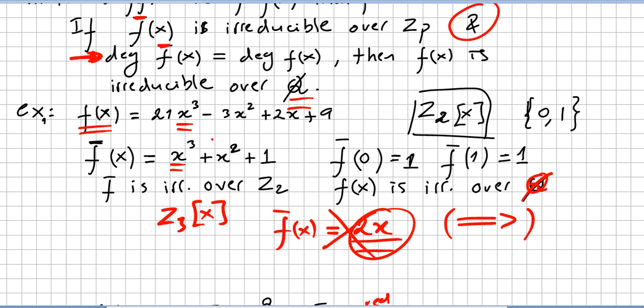We saw in the previous video this example of f of x, and we took f bar of x over Z2, and we saw that f bar is irreducible over Z2, so we immediately conclude through the mod P test that f of x is irreducible over the rationals.